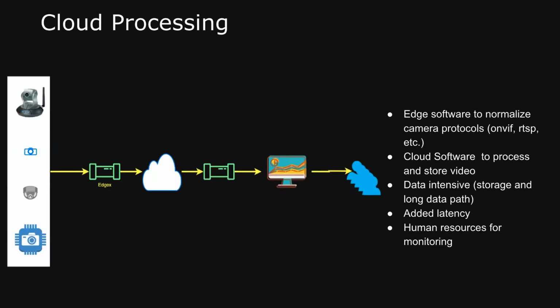Scalability was improved by moving processing and monitoring to central locations on the cloud, by providing protocol normalization at the edge. While this helps with the scalability, the data path becomes long and the latency is also increased. Also, we can see that human resources are still needed for monitoring these large amounts of data.